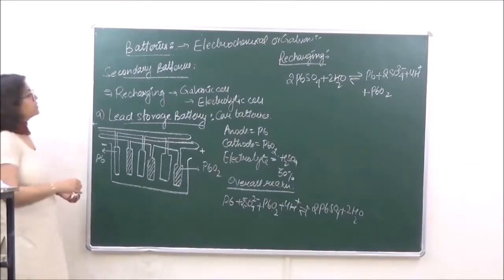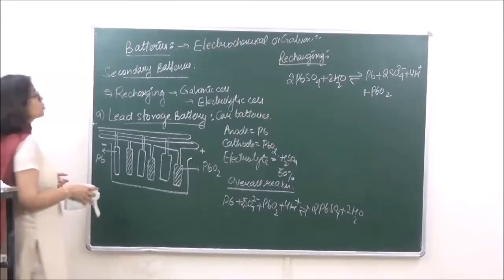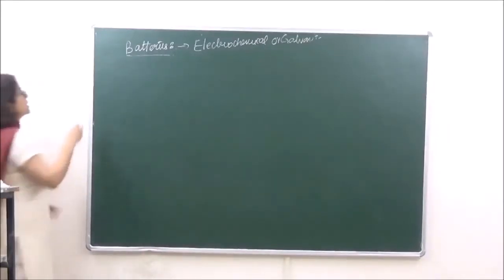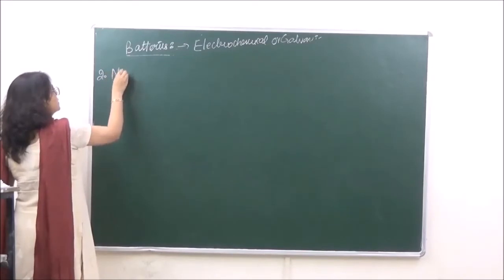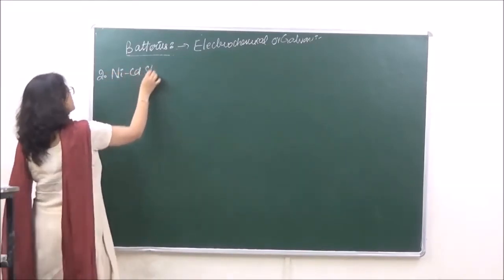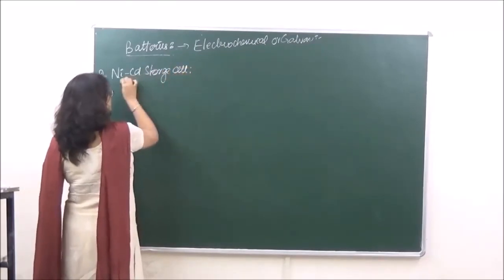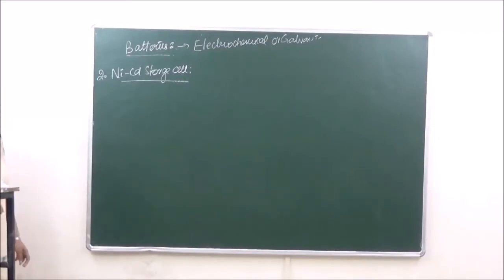The second type of cell which we are going to discuss is the nickel-cadmium storage cell.